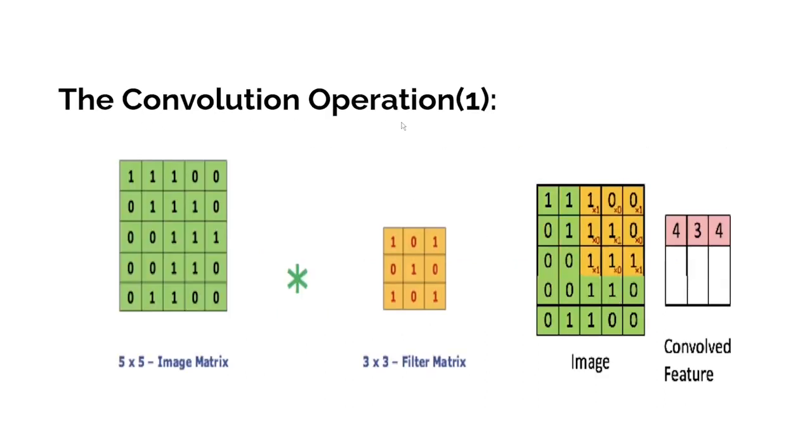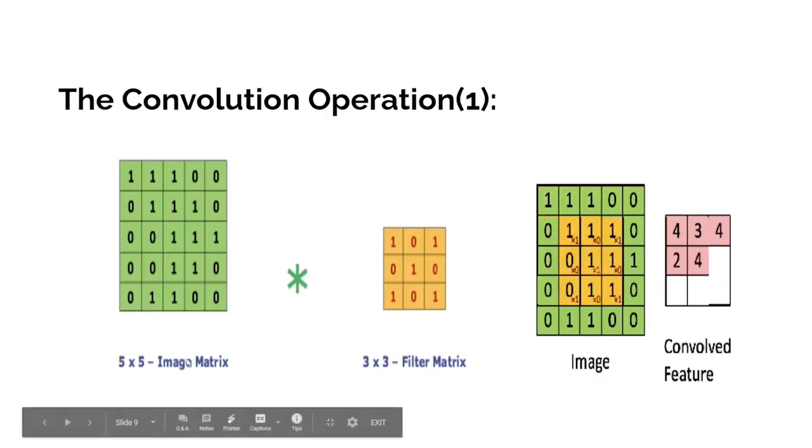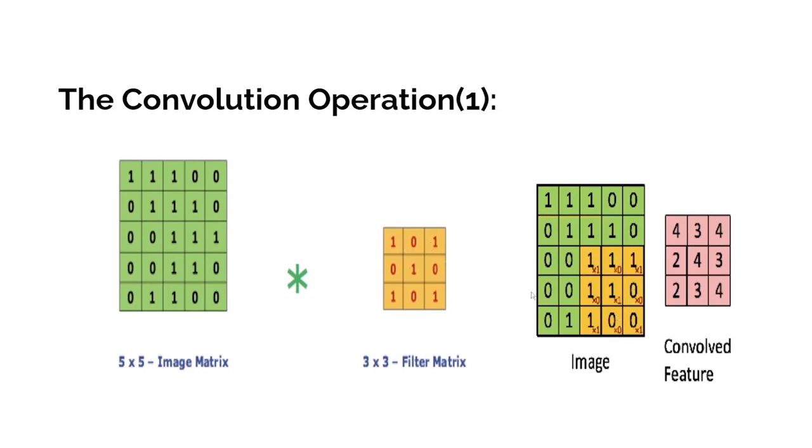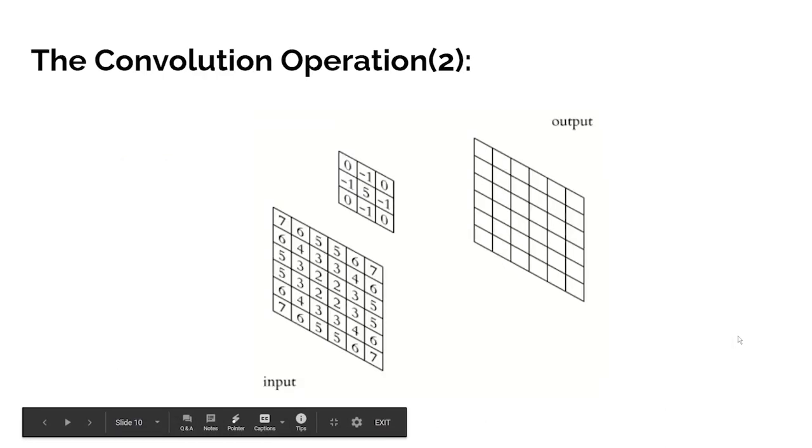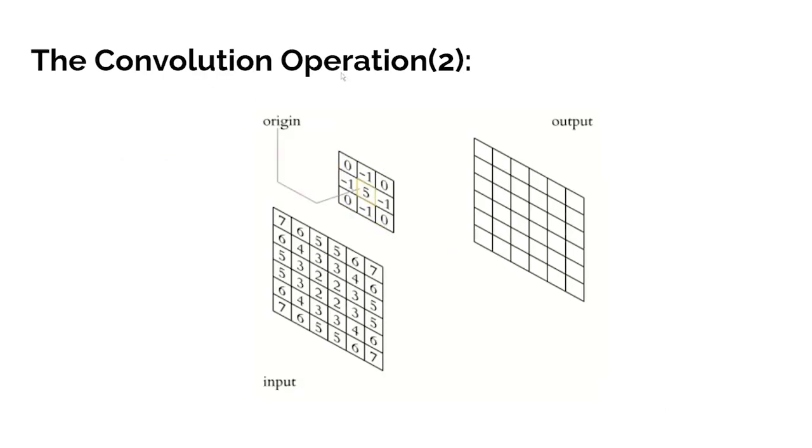In the convolution operation you can see here, we have an image matrix and a filter matrix. The filter matrix goes through the image, multiplies the pixel values with the weights of the filter, and gives an output, which is the convoluted feature. We'll see an example of this in just a bit. Here's another example of a convolution operation.